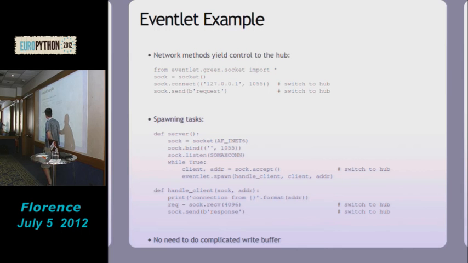Then the hub will say, oh, I got another tasklet or green thread, whatever you want to call it, that's got something to do. It will switch to that one, and that one will be able to receive its data. Again, these calls block, so if there's not enough data ready, it will switch back to the hub and be ready to switch to another task. So that's how Eventlet and Gevent work, as far as I'm aware, and it handles that for you.